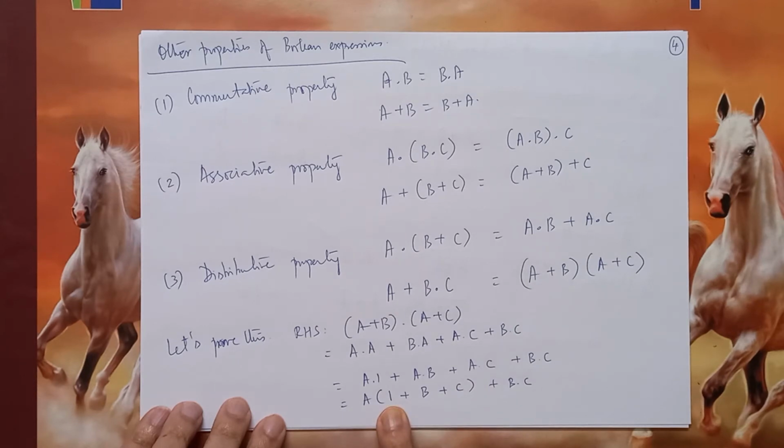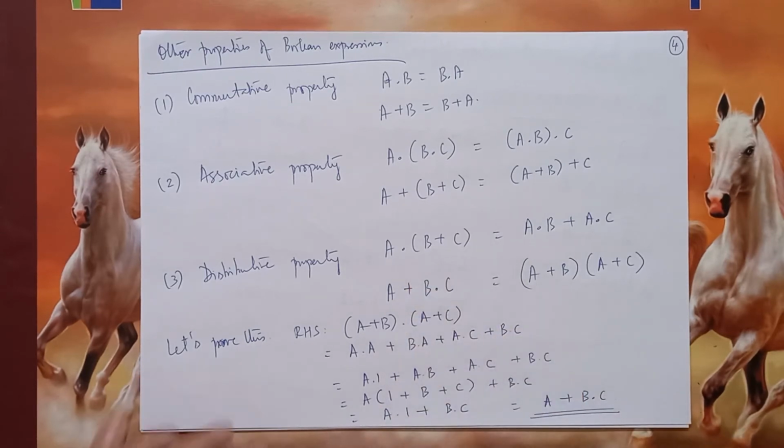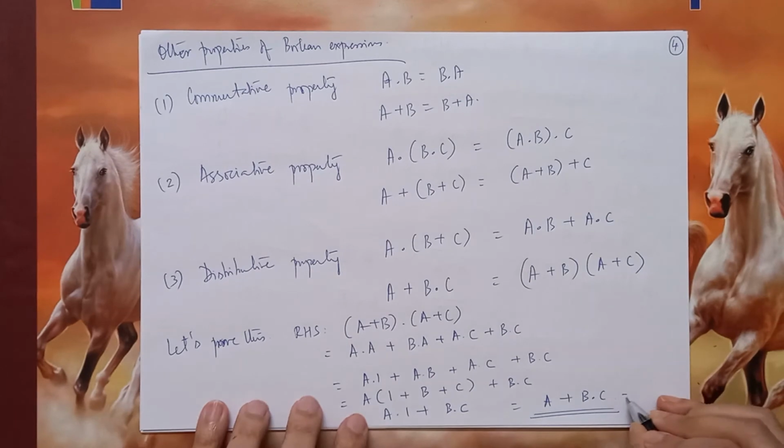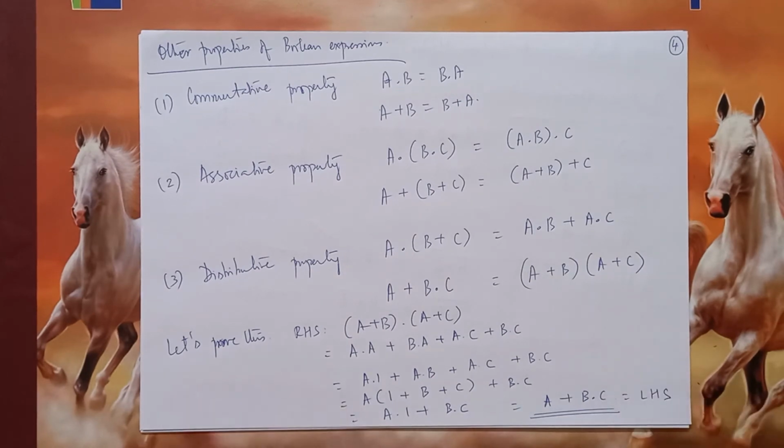And as per the Boolean property, we know that 1 plus anything, or 1 OR with anything, is always 1. So therefore, this is nothing but A dot 1 plus B dot C. And A dot 1 is A. So this is nothing but A plus B dot C, which is our LHS. So therefore, we can prove it like this also.